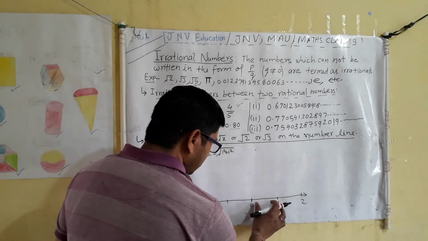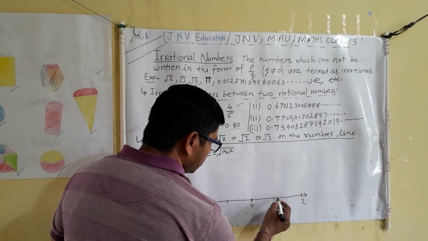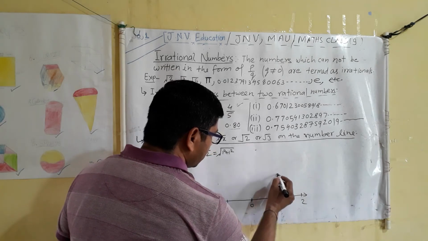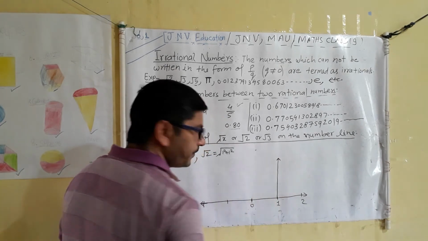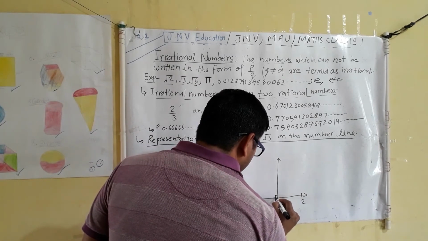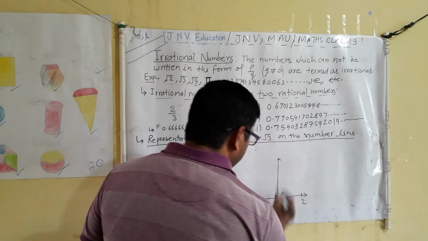So take one unit on the number line, from 0 to 1, and draw a perpendicular at 1. Suppose this is point A. At point A, draw a perpendicular.